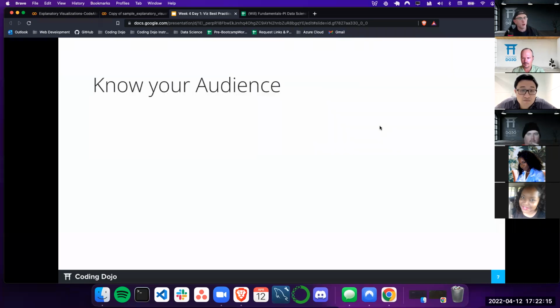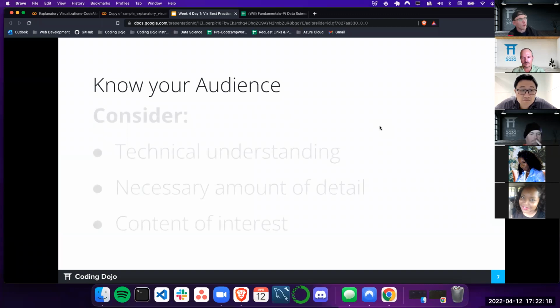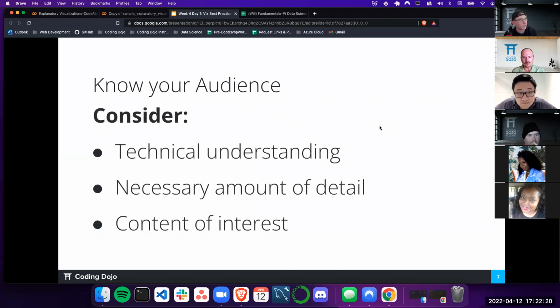Cool. A big part of this is, again, knowing your audience, right? So we want to consider, does this audience have a technical understanding? Am I dealing with other data scientists for the company, right? That way they might understand more intense graphs or visualizations. Does this have the necessary amount of detail?